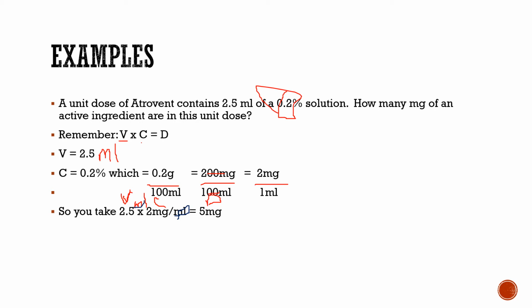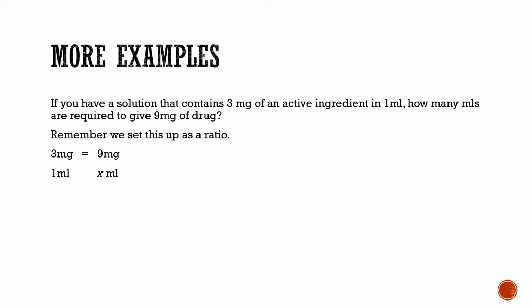All right, I have a couple more. Now we're looking at a different type of problem here. This is something a little bit more familiar. We're not doing volume times concentration equals dose, we're just comparing these.